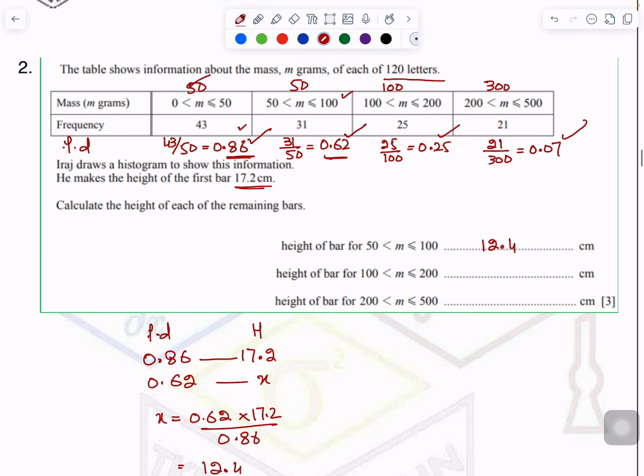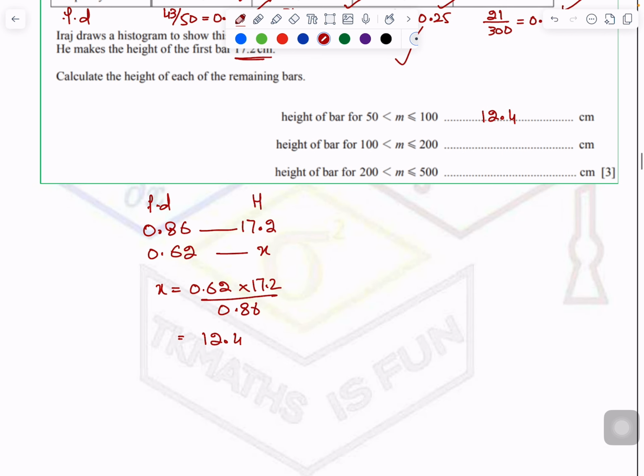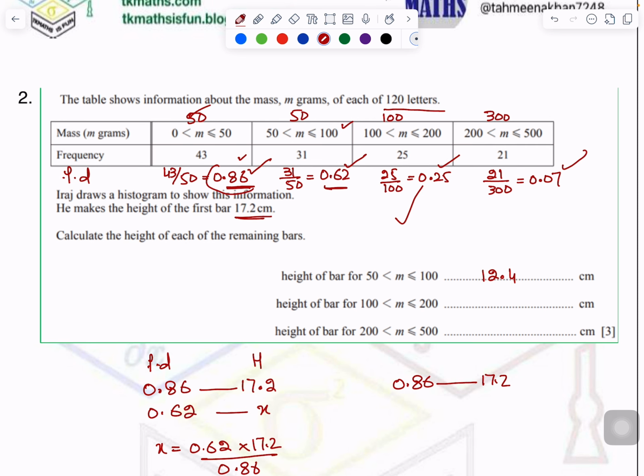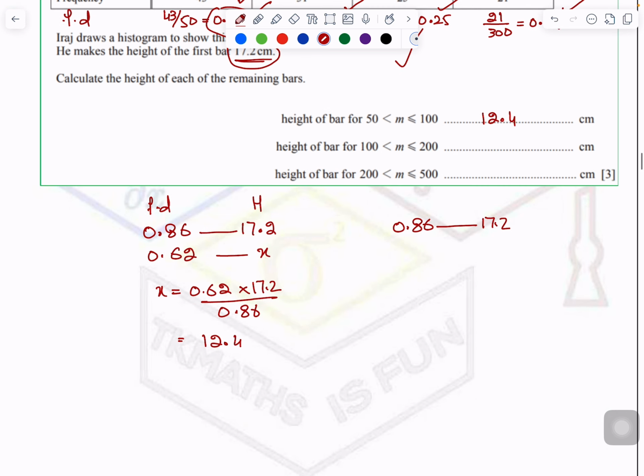For the second interval, the frequency density is 0.25. So now using the same one which is given to us for the first bar, right? This is given to you here. You were getting 0.86, but Iraj has taken the height 17.2. So that's why we know the connection between them.